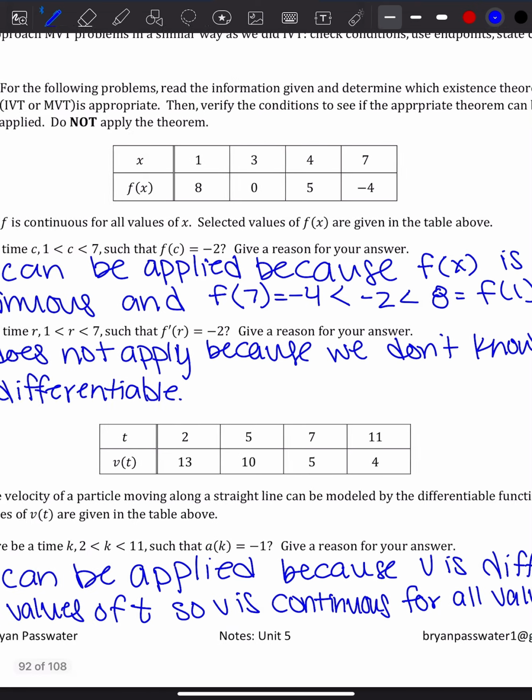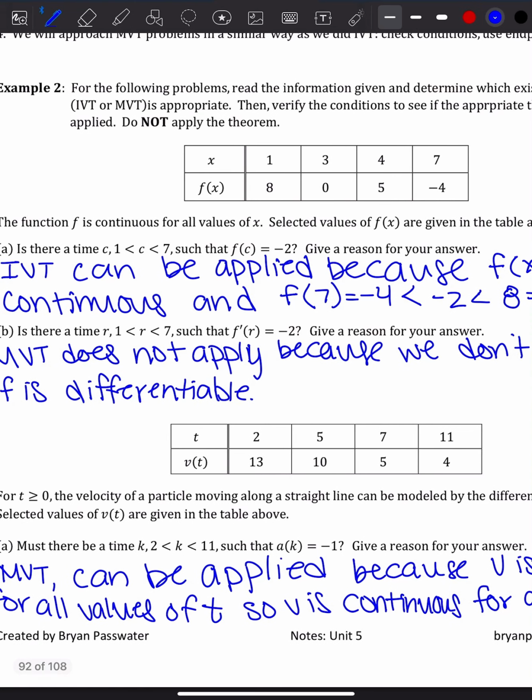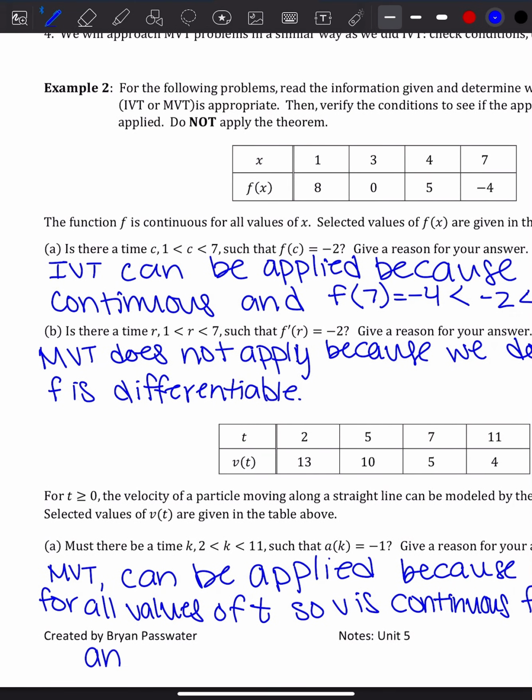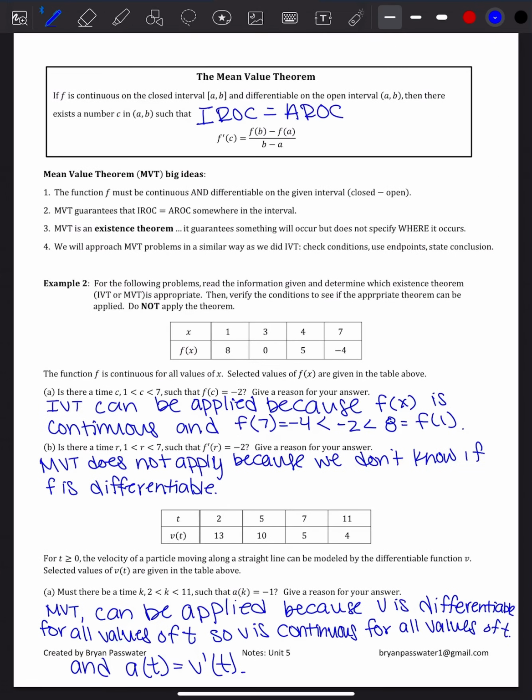And a of t is the same thing as v prime of t. So we know that we're talking about the derivative of that velocity equation, because a of t is the same thing as v prime of t. So we're going to look some more at MVT. We're going to be getting into increasing and decreasing and concavity throughout this unit.